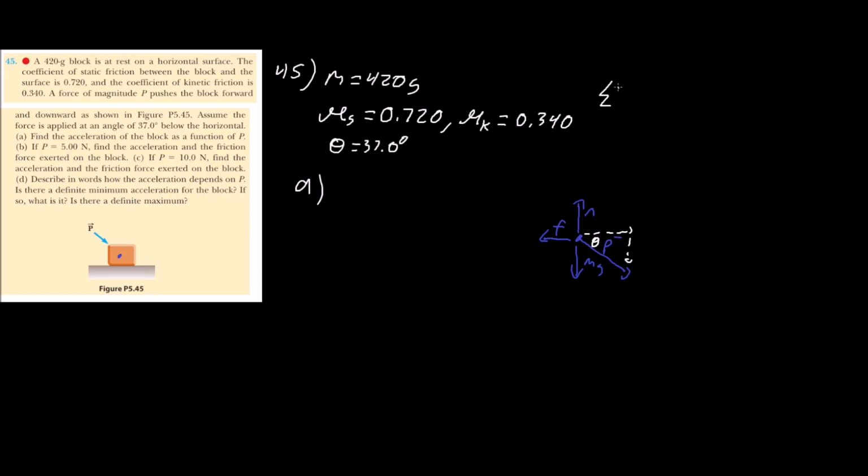So the sum of the forces, actually I'll put it right here. The sum of the forces in the x would just be P sine of theta, presuming I interpret the problem correctly. If not, whatever, then put cosine, or if it's the other way around. And I think I drew it correctly. So minus the friction. Notice that I don't want to put the coefficient times the normal force just yet, because that's not always the case for the static friction. This value always varies. So this is not a constant value.